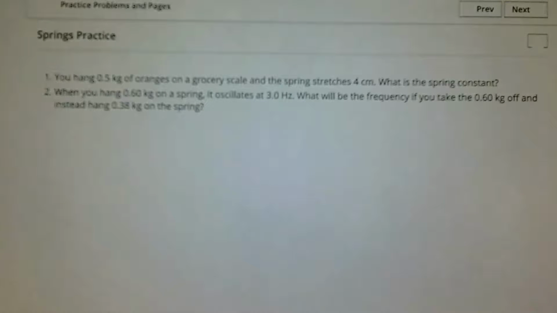Not sure what this question 1 is talking about, right? Something like this is the grocery store scale that's got a basket hanging off of it, and as you hang something off of it, it reads the weight. Well, the way it does it is because there's a spring in here, and the spring is attached to the dial.